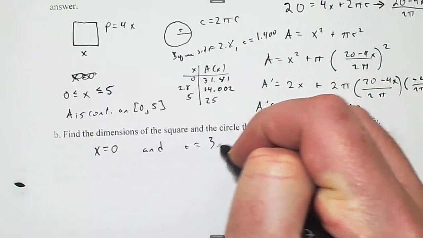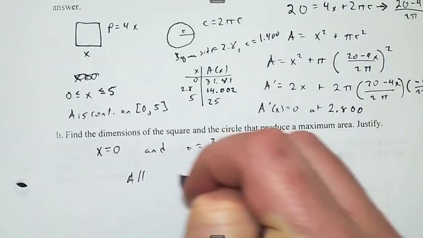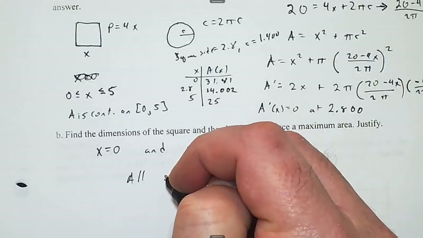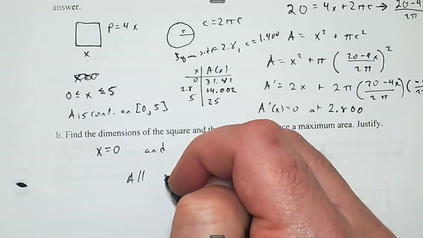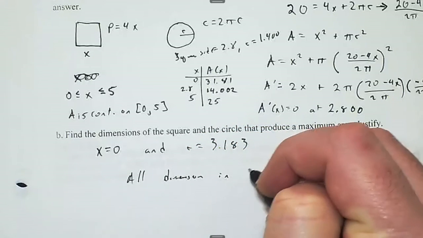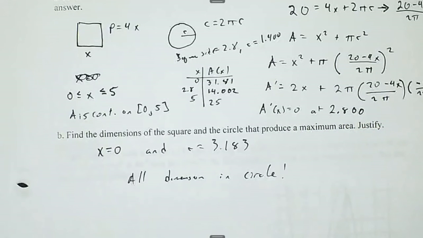So r is equal to 3.183. In other words, all the dimension is in the circle. So if you want to maximize the combined area, you need to have it all in the circle. Okay?